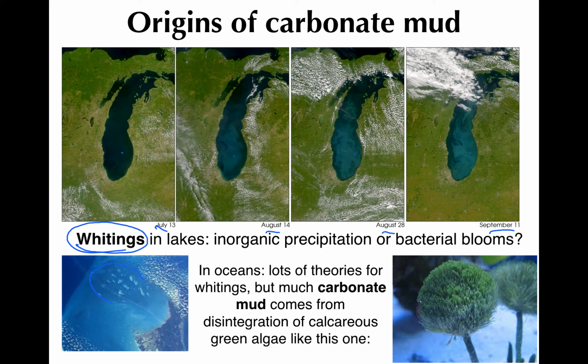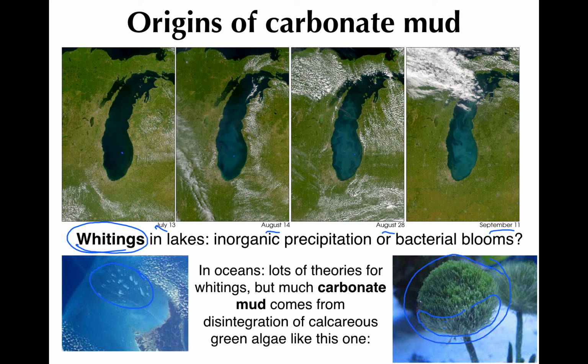Whitings in the Bahamas, like this, have been shown to be due to, in some cases, resuspension of bottom mud by fish, or the release of carbonate mud from the disintegration of calcareous algae like this penicillus here, which when it dies releases all of the carbonate particles that you can see just starting to accumulate on parts of it down here.